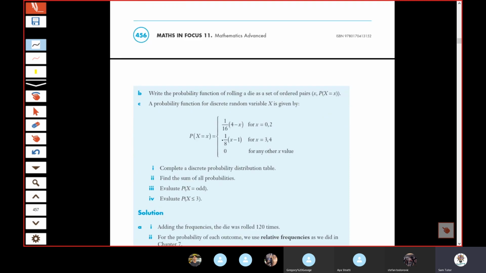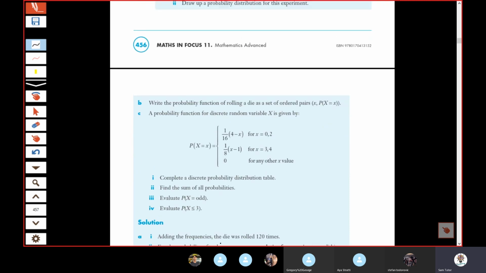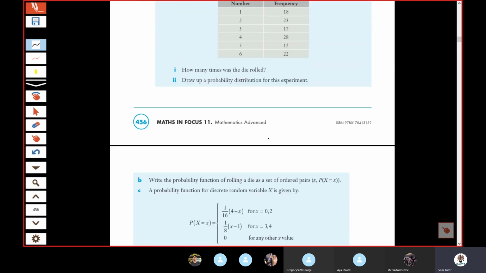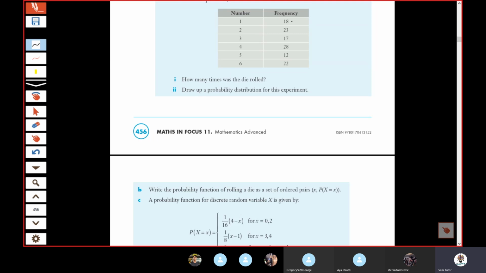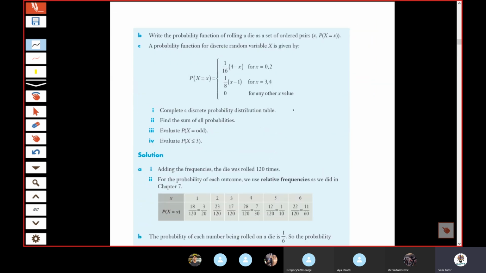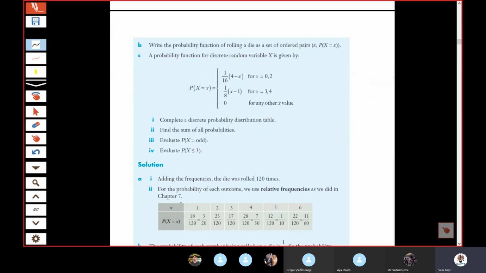Let's answer each question. Solution. Adding the frequencies, the die was rolled 120 times. Now draw up a probability distribution for this experiment. X is 1, which occurred 18 out of 120 times. That becomes a probability of 3 over 20. Rolling a 2 was 23 out of 120.